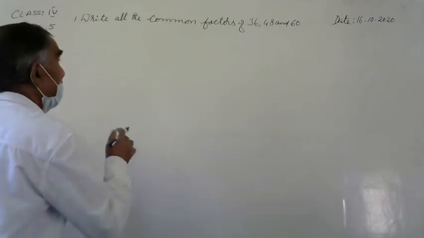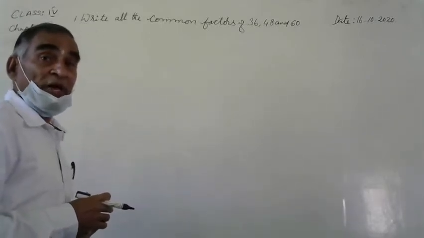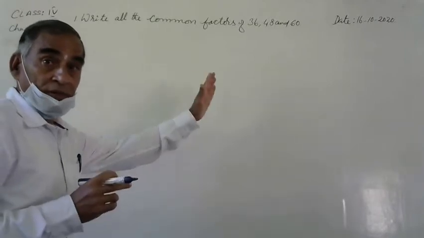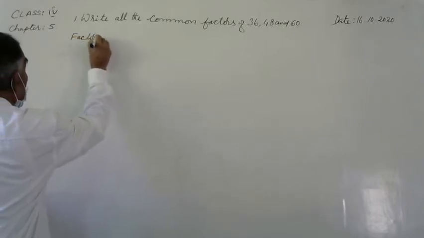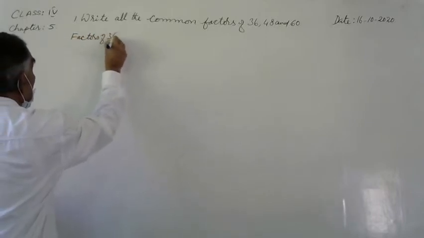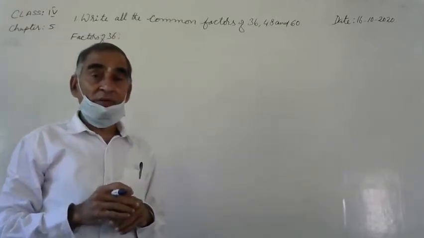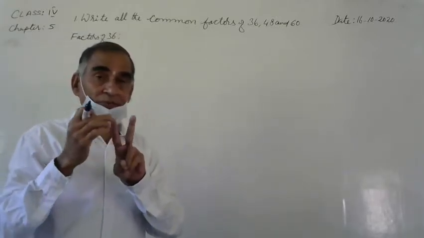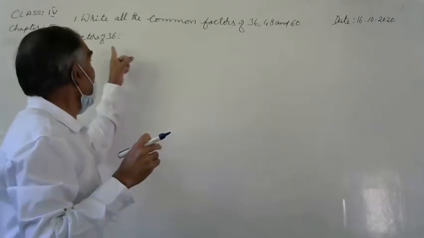Here, before writing the common factors, first we have to write the factors of every number given. The factors of 36: how do you get the factors? When any two numbers are multiplied by each other, you have to get 36.